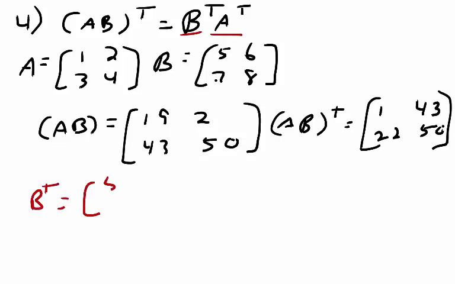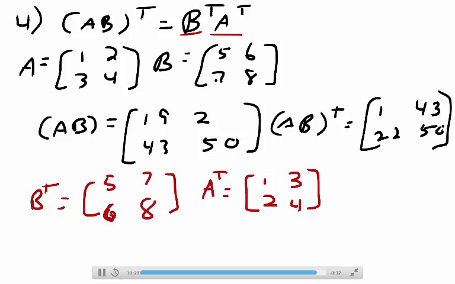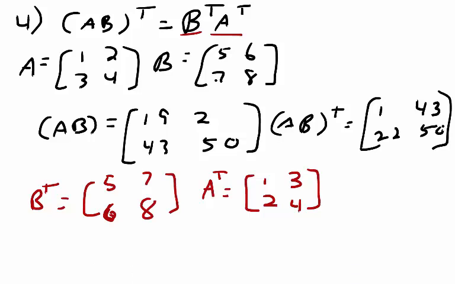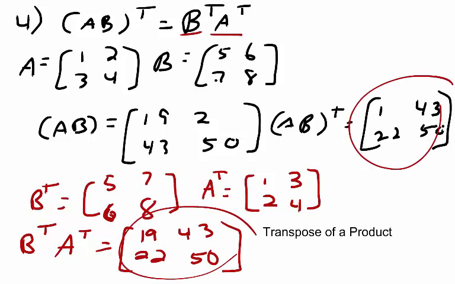That's going to be equal to 5, 6 for our first column, 7, 8 for our second column. A transpose is going to be equal to 1, 2 for the first column, 3, 4 for the second column. So now taking your product, which I'll do using a graphing utility, also equals the same matrix. This fourth property holds, and this one is called the transpose of a product.